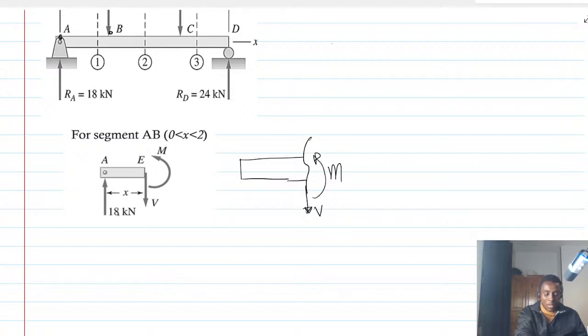All right. So if a rigid body is in equilibrium, summation of force will be 0. So let's sum forces. Every force going up is positive, to be 0. Okay.